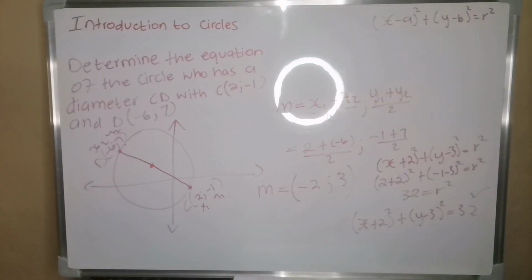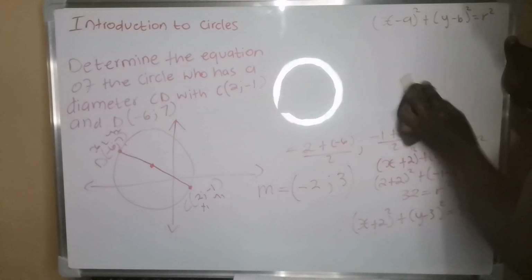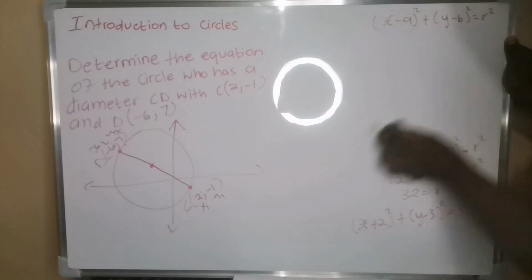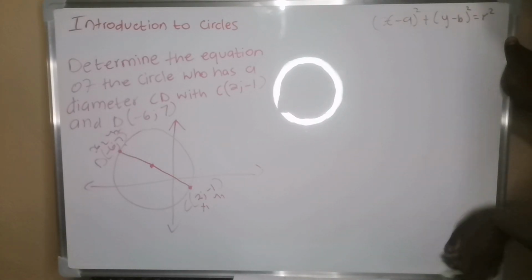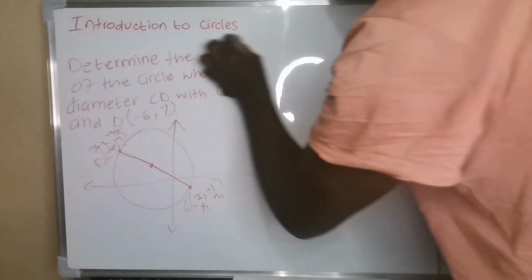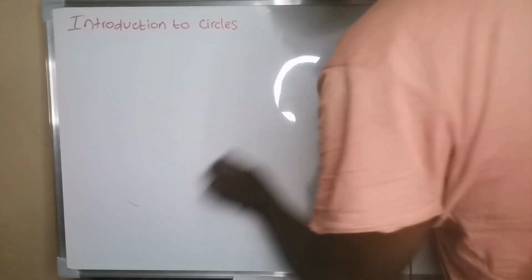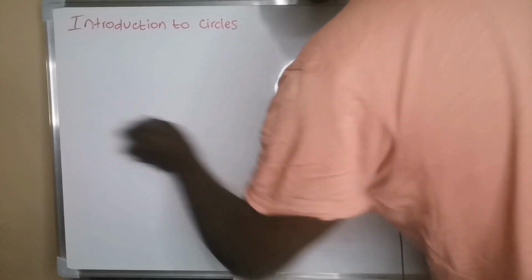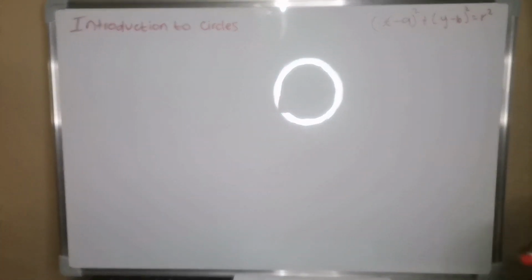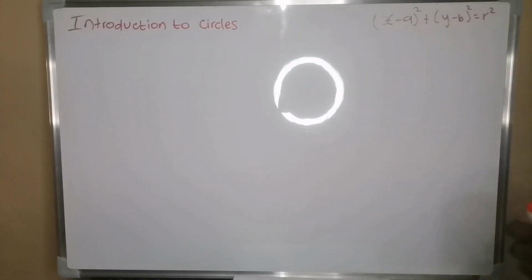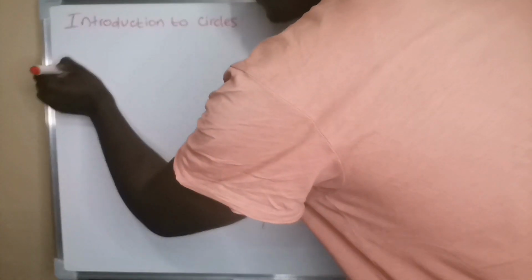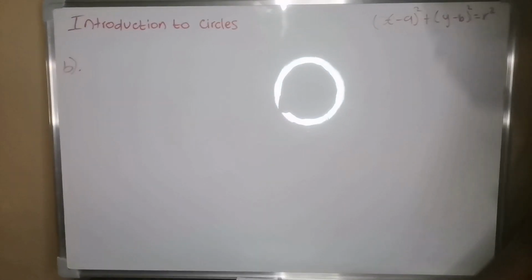Now let us do the last examinable question here, a very simple one, wherein we find the variables. We do the last part before we go to tangent, which is number B of the examinable question.